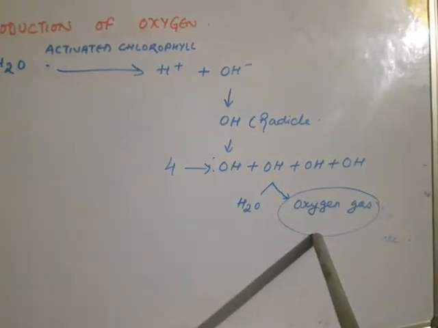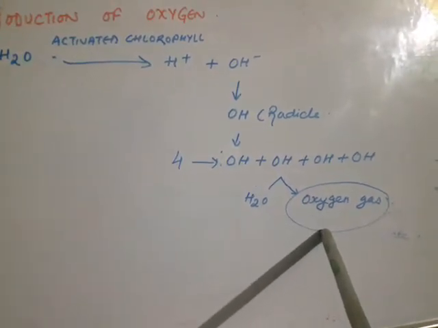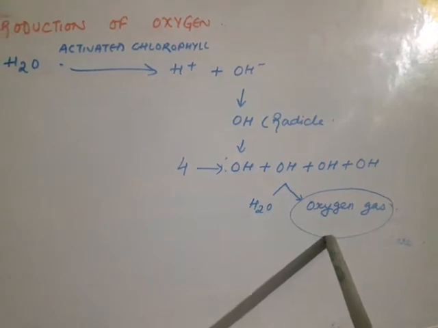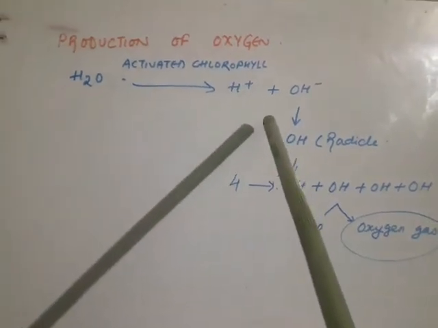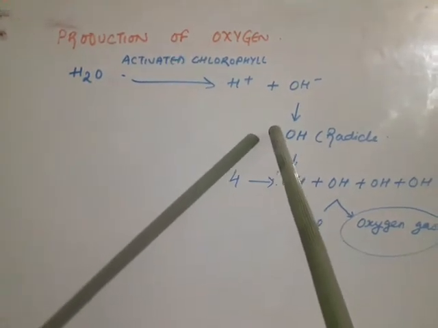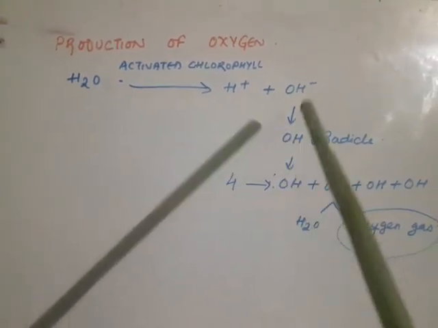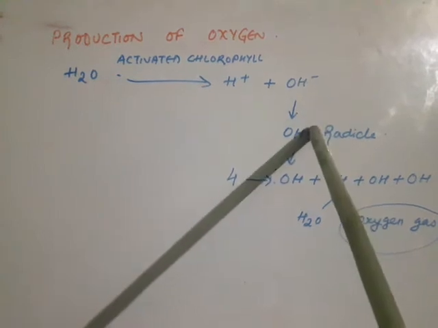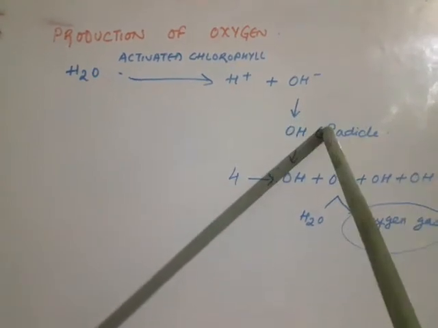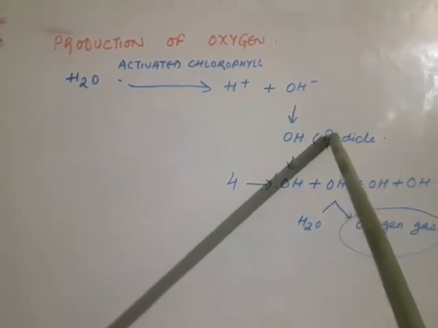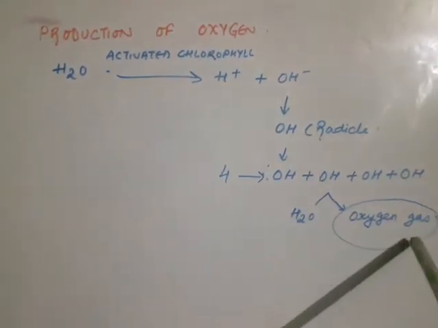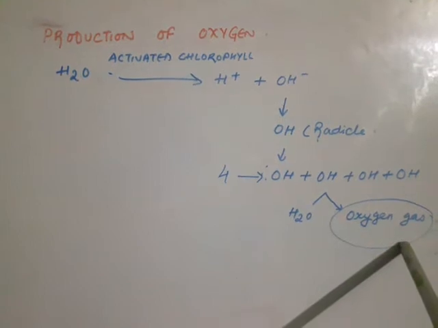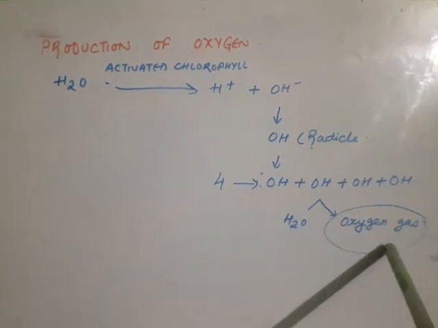So this oxygen is liberated during photosynthesis. The hydroxyl ion formed during photolysis ejects an electron and forms an OH radical, and the combination of four hydroxyl radicals produces water and oxygen gas. And this oxygen is liberated during photosynthesis.